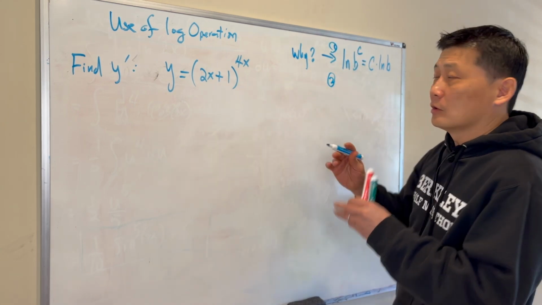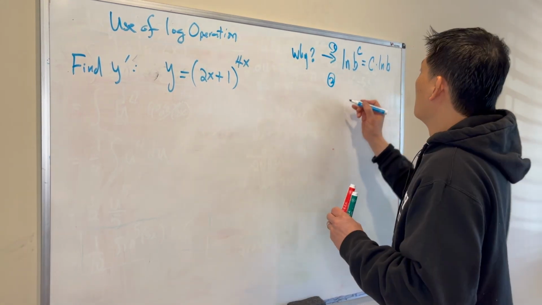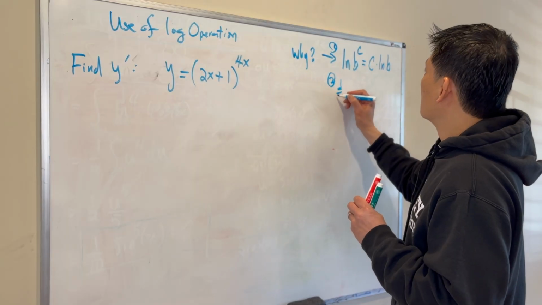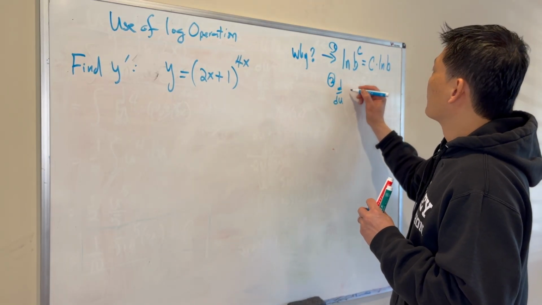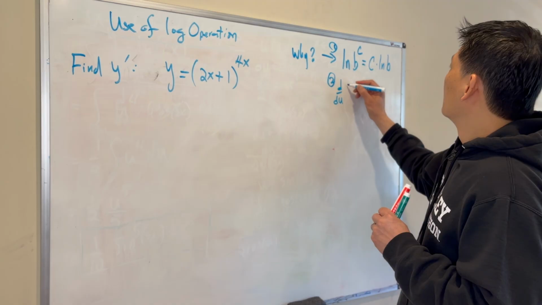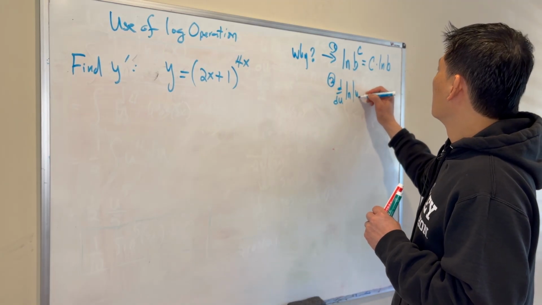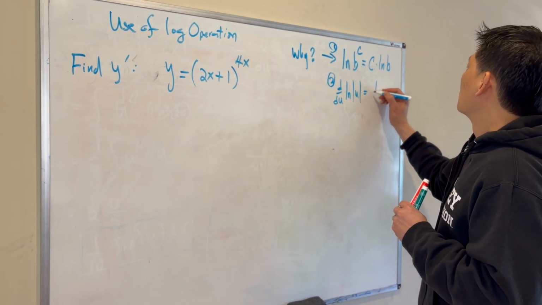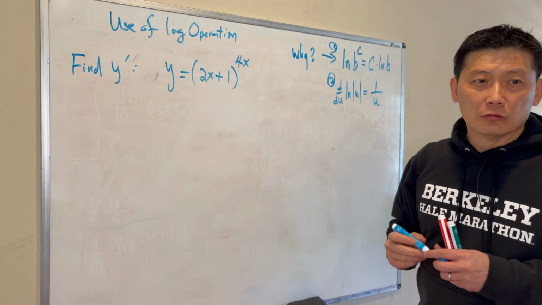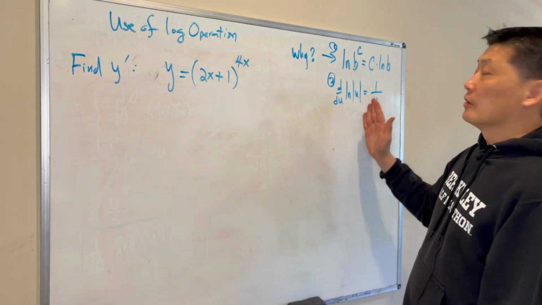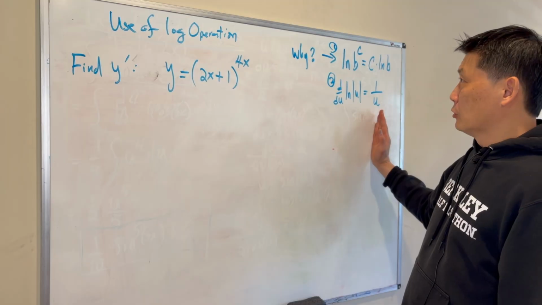Number two, for the derivative problem, we know that the derivative d/du of ln u is equal to 1 over u.